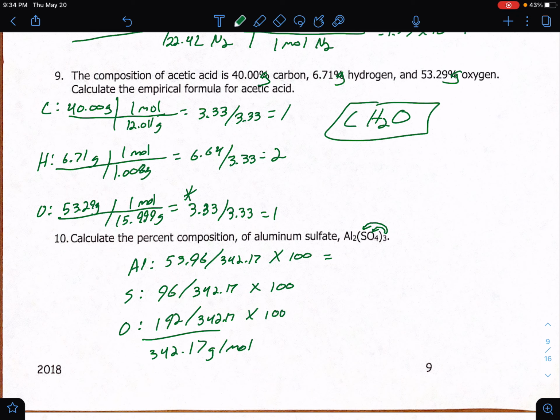Okay, just divide 53.96 by 342.17 and multiply by 100, and you get 15.8%. I'm going to do the same for sulfur. You get 28.1%. And then oxygen, you get 56.1%. Okay, so that is how you do percent composition.